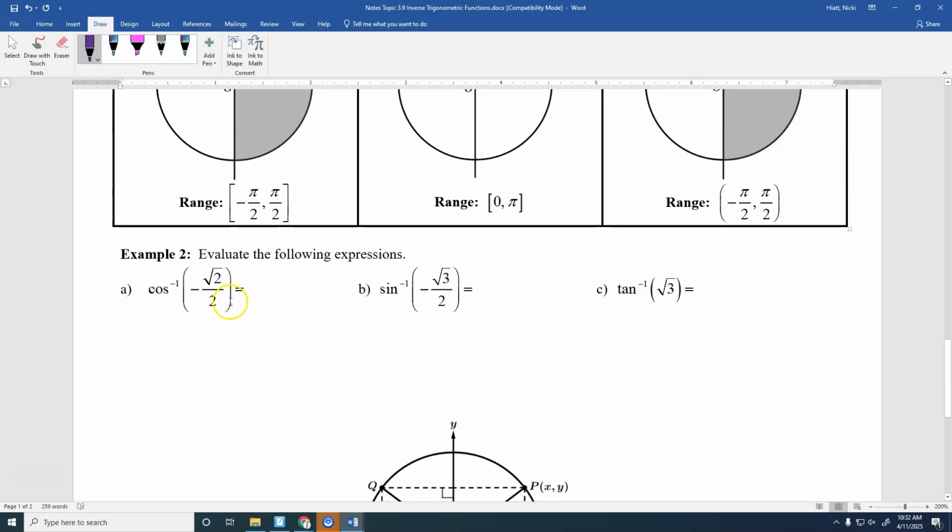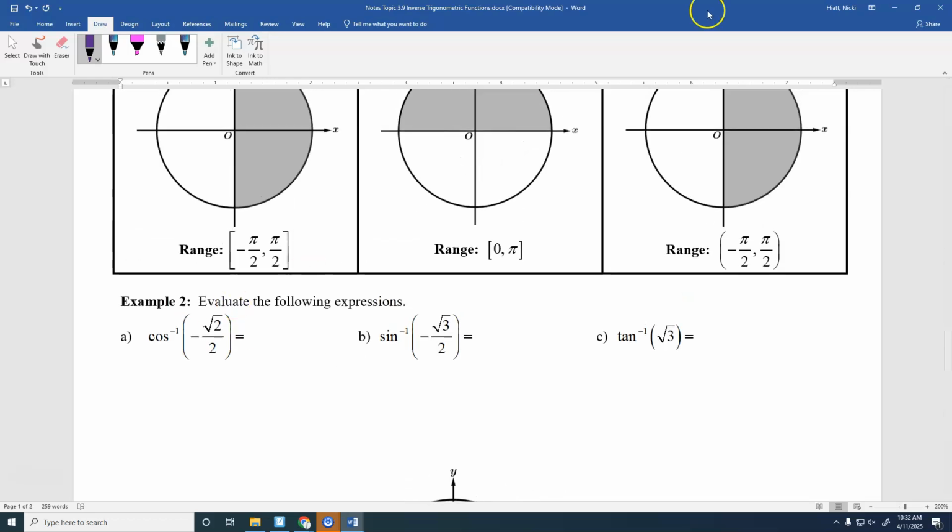All right. So if we are asked to evaluate these, I am going to think about my unit circle for each one of these. When we see cosine inverse of negative root 2 over 2, it's really asking, where does cosine of theta equal negative root 2 over 2?